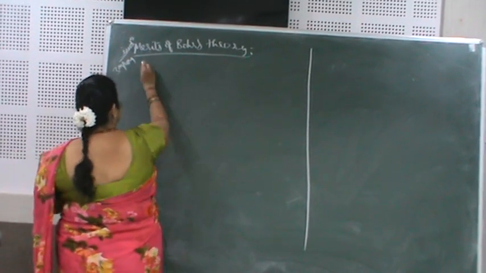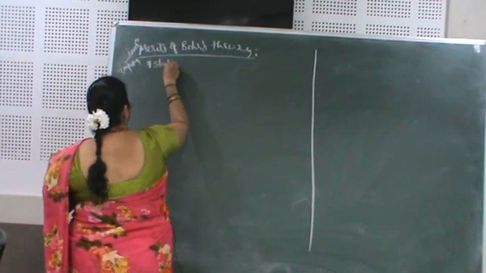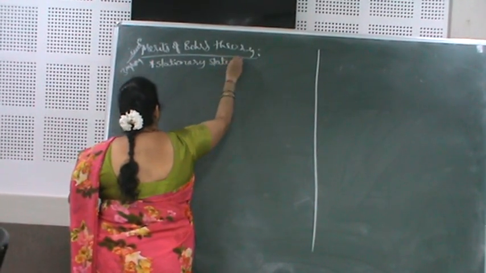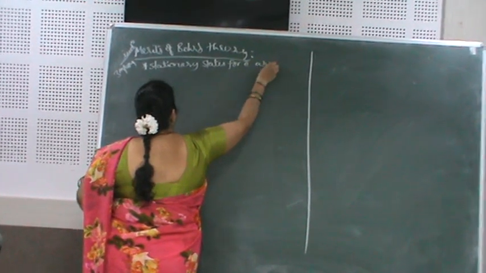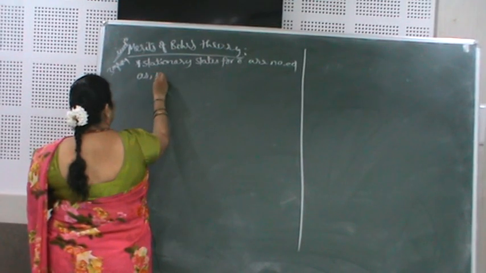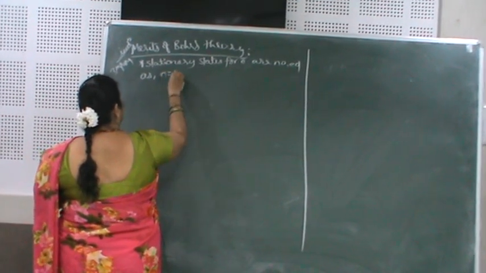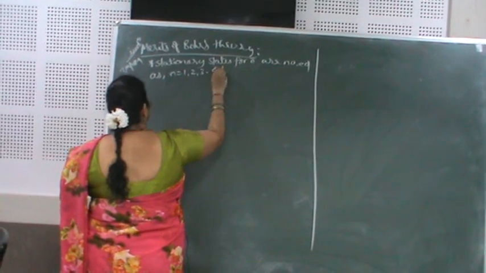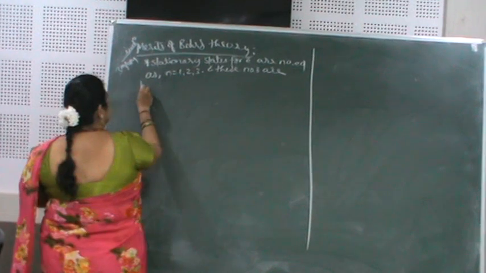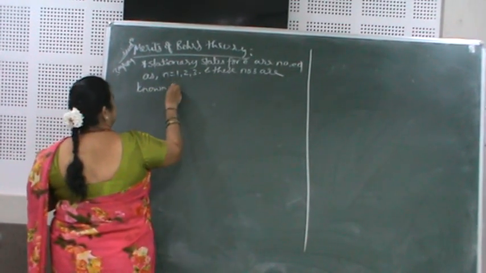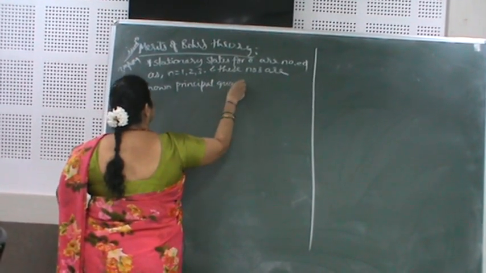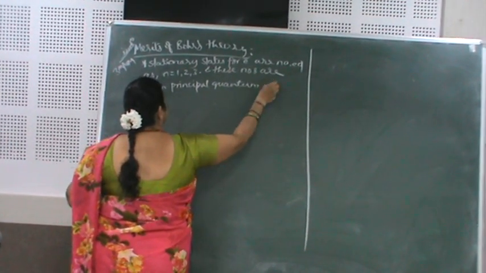So here in the merits, stationary states for electrons are numbered as n is equal to 1, 2, 3, and these numbers are known as principal quantum numbers.